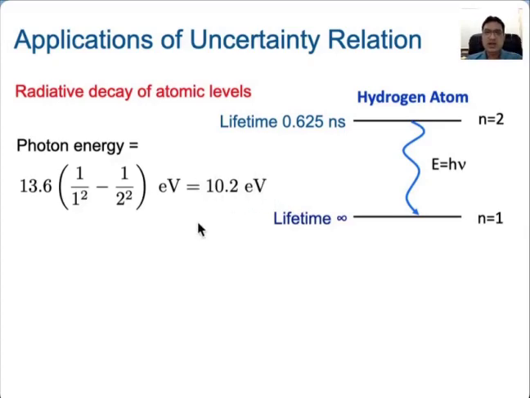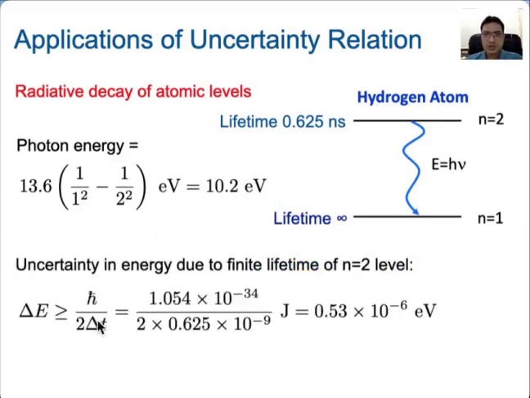So here is the energy difference. Now here is your delta T, and this delta T is related to the lifetime of your excited level. So the uncertainty in the energy due to the finite lifetime comes out to be this value. Just to make a side remark, knowing the uncertainty in energy or the uncertainty in time, or the lifetime, has played a very important role in developing quantum technology.